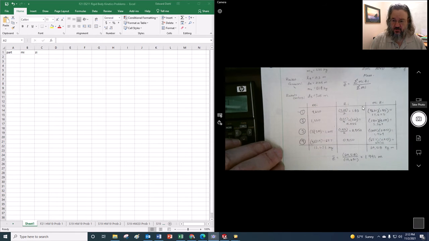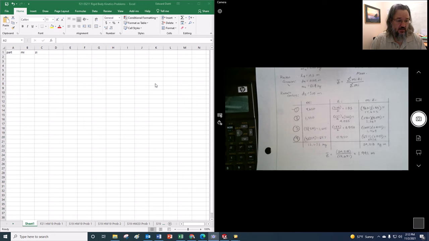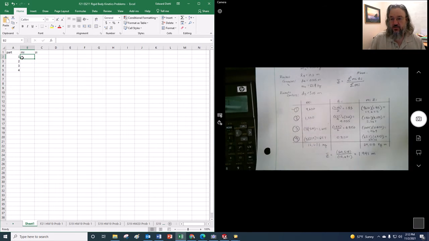So maybe you can see that. Unfortunately, my keyboard's in the way here. I'm going to go part 1, part 2, part 3, and part 4. The thing with doing it in Excel is you might not be able to see all the things that get done; it depends on how you set it up.